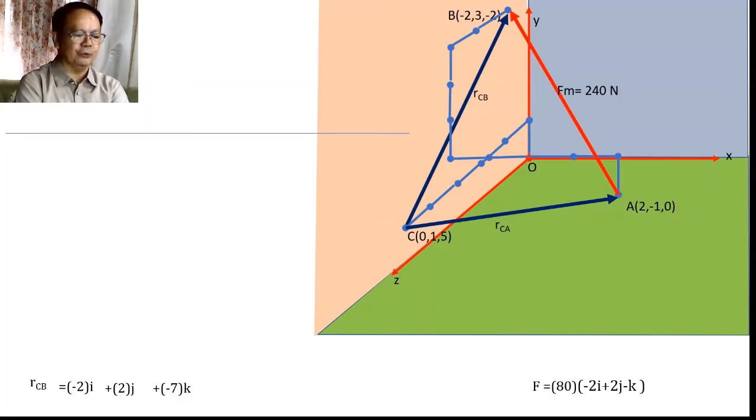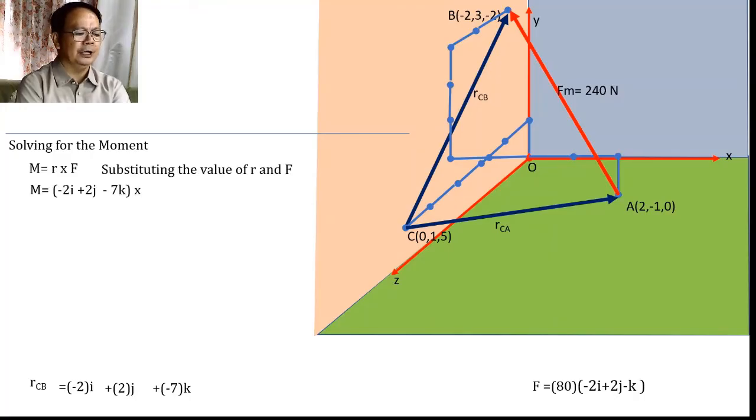Solving now for the moment by substituting the position vectors RCB and F, this becomes (-2i plus 2j minus 7k) cross 80 times (-2i plus 2j minus k).